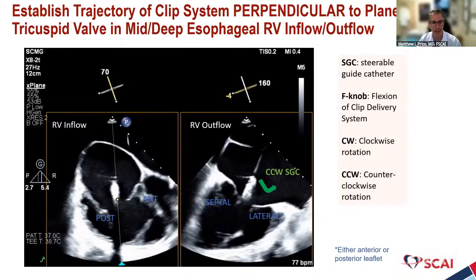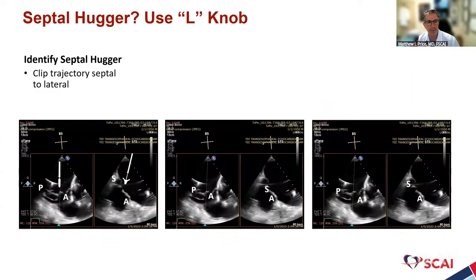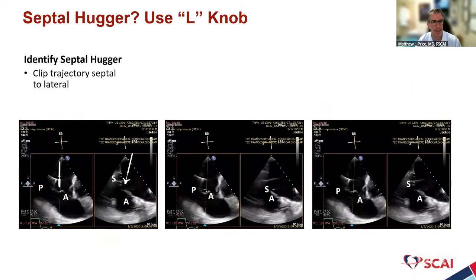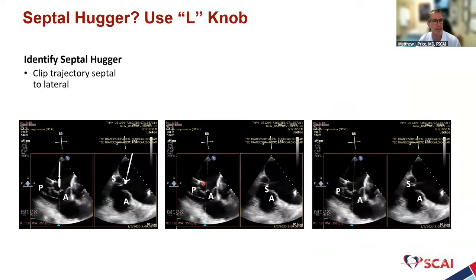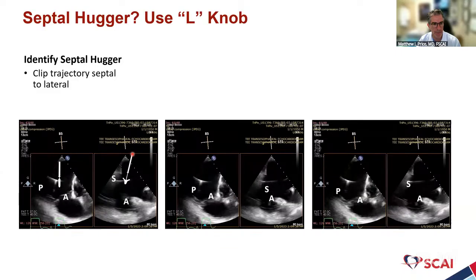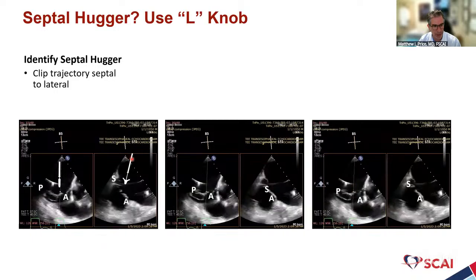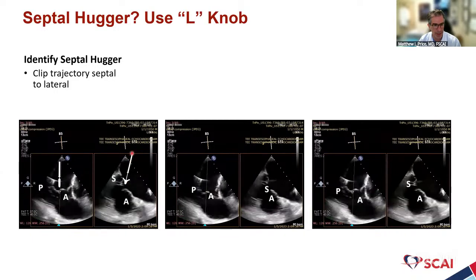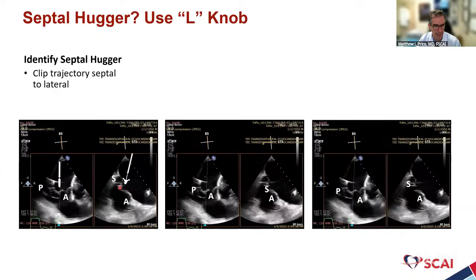And if we wanted to be a little more towards the anterior or posterior leaflet, we could counterclockwise rotate the guide to go in that direction. Now, something that's really going to help you when you are grasping is this thing called the septal hugger, and to understand the L knob, which is new from the MitraClip system. A septal hugger is when, in the RV outflow view, your device is going from septal to either anterior or posterior, to the lateral leaflet. You want to be straight up and down like this, but we're coming across from the septal.